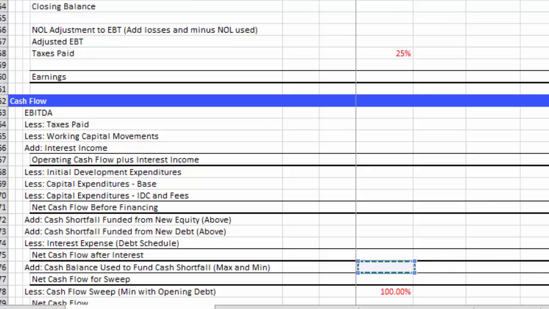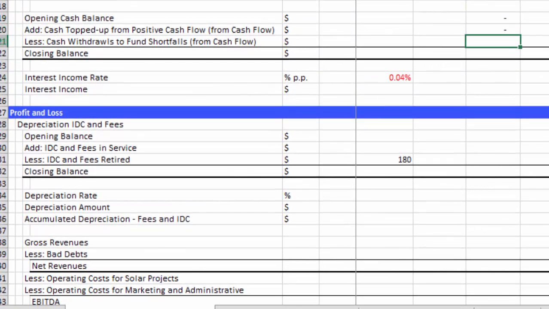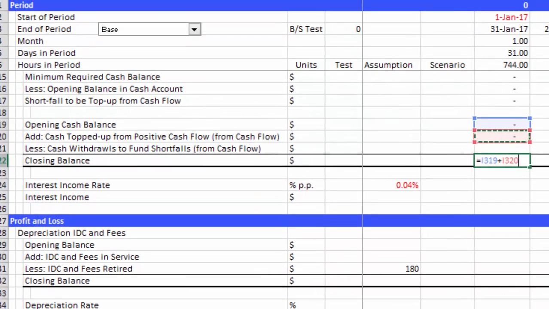And this says right here how much cash is used to actually fund the minimum. The amount that we take away, it turns out I don't think we need. I'll leave that and subtract it anyway. And this is going to go on the balance sheet.